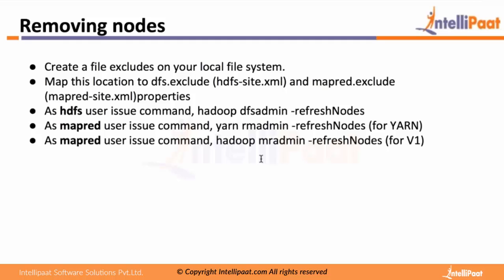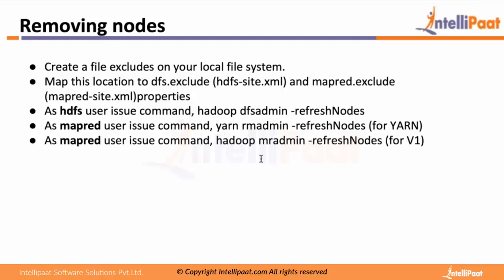In that case, as we said yesterday, you will use the dfs.exclude property inside your hdfs-site.xml. You will create a file with comma separated host names, and you will give that file location as the value for dfs.exclude in hdfs-site.xml.